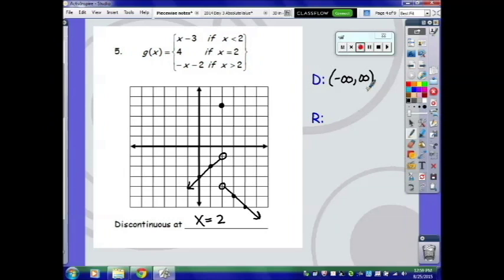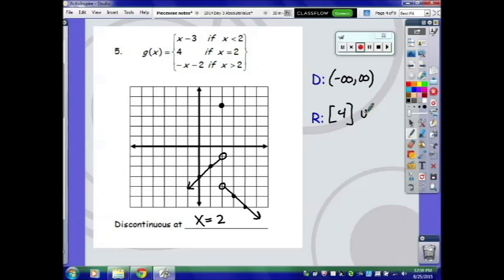Okay, so let's look at our range. Well, we've got this value at 4, okay, and that's the only thing we have in the upper part of our graph. So here, we're at 4, all right, and we've got a jump in there, so we're going to put a union in there. Ask me questions, class, if you have any. All right, so where does this thing pick back up?